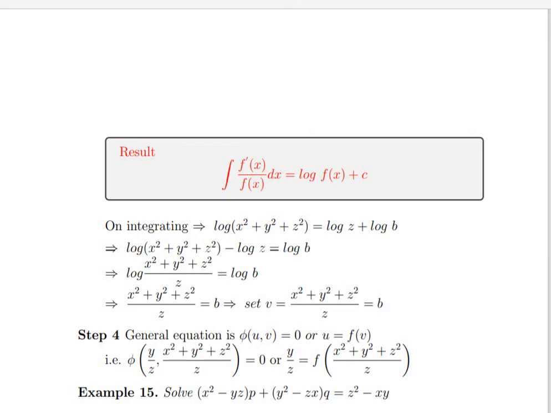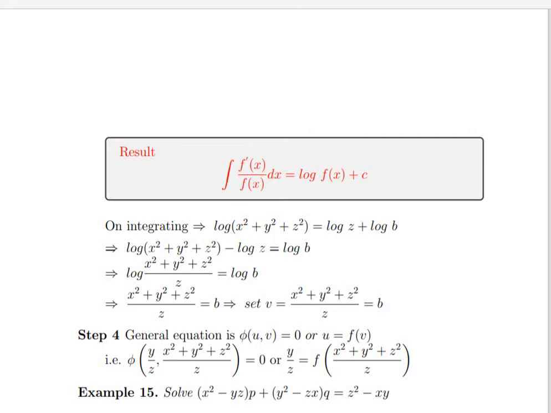After that, taking the term log z to the left side of the equation, it will become log of x square plus y square plus z square minus log z equal to log b. Now, using the property of log a minus log b is log a by b, we can rewrite the equation as log of x square plus y square plus z square by z equal to log b.